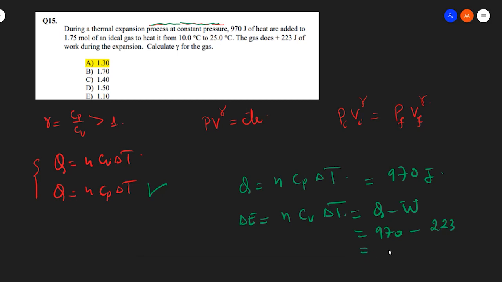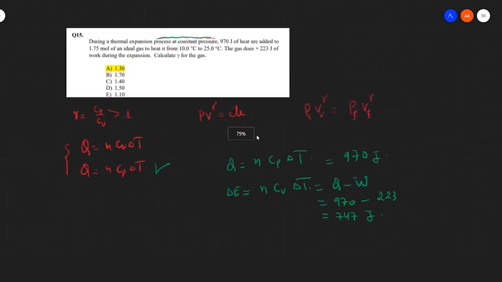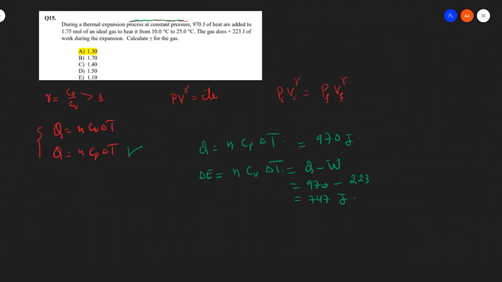From here, we deduce the value of the change in energy. We obtain this number. Now I use this relation. What's the use of this one? Why did I write this one? Now we will see why.